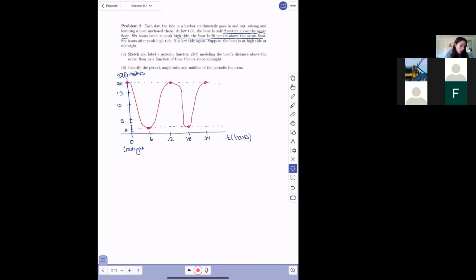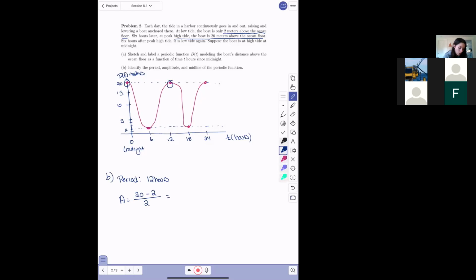Okay, part B, identify the period, amplitude, and midline of the periodic function. So the period, the time it takes to get from peak to peak, is 12 hours. The amplitude is the max, which is 20, minus the min, which is 2, all over 2.